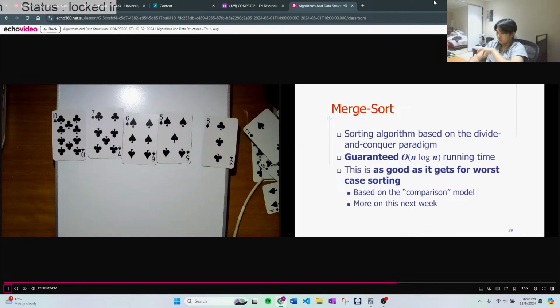So merge sort is the algorithm we're about to learn, and this is a thing of beauty. It's based on the divide and conquer paradigm.